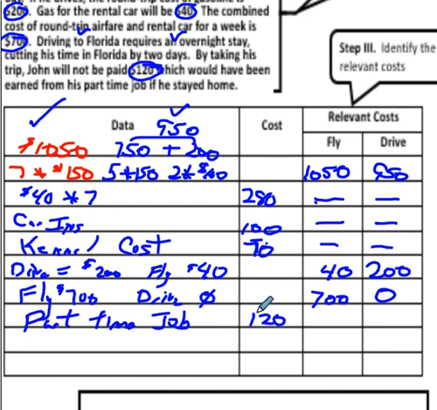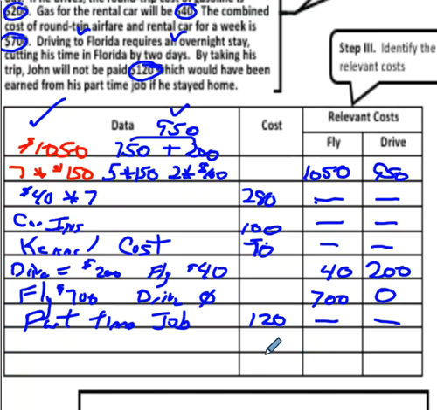He does give up the $120, but if he flies, he gives up that $120, or if he drives, he gives up that $120. So even though this is an opportunity cost, it's not relevant, because whatever alternative he takes between fly or drive, it's going to be the same thing. So again, that becomes not a relevant cost to the entire process.